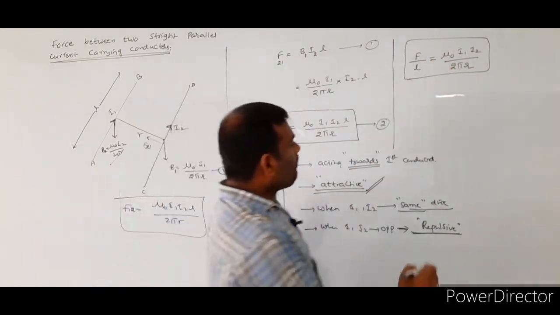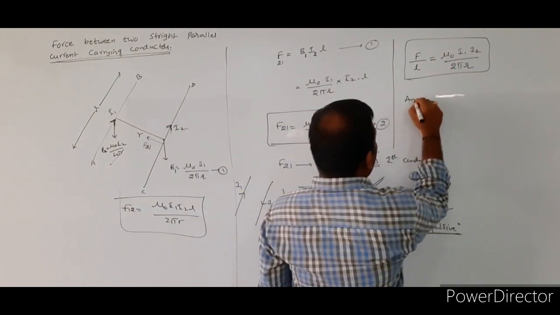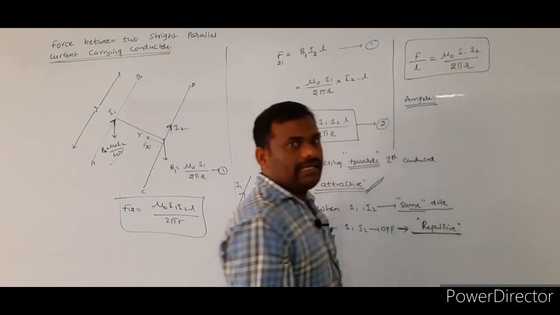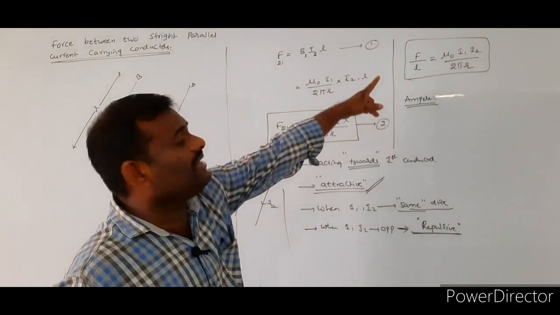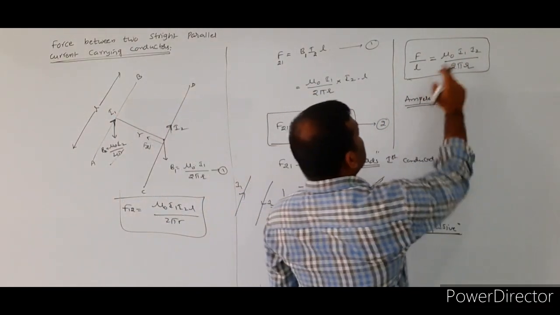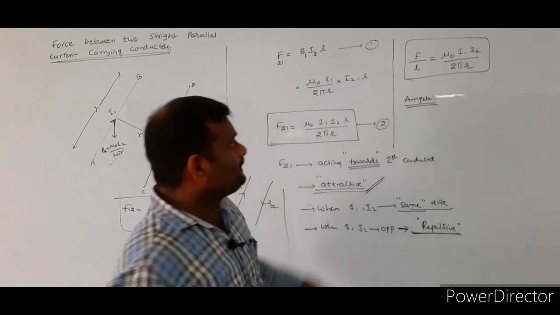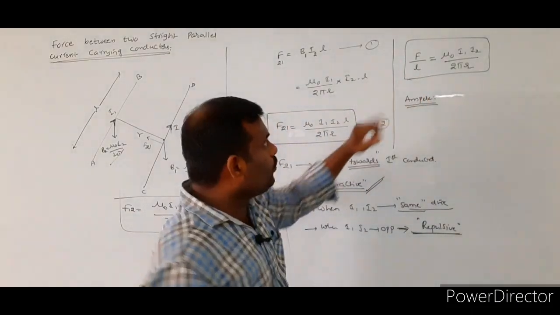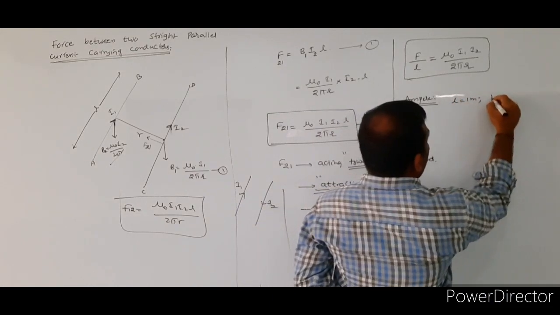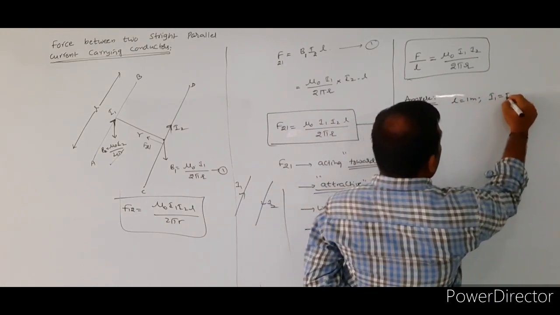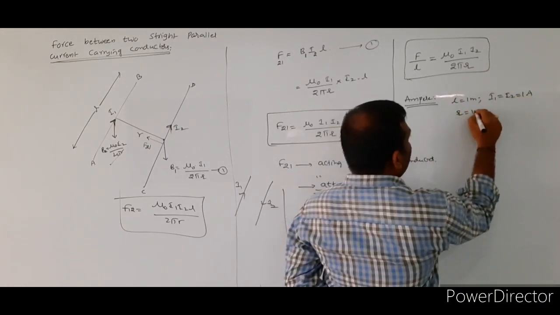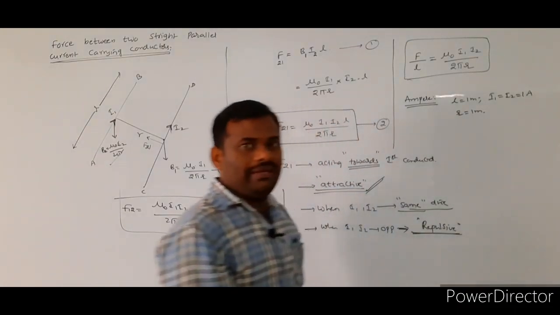Now, from this, how can we define ampere? In this given equation, if you substitute length equal to 1 meter, the currents I1 and I2 equal to 1 ampere, and the distance r also equal to 1 meter.